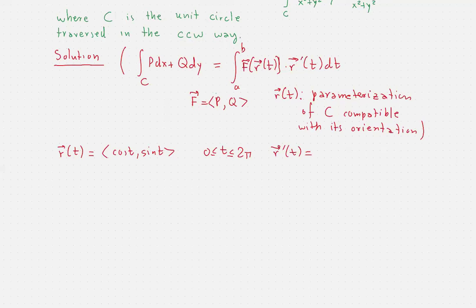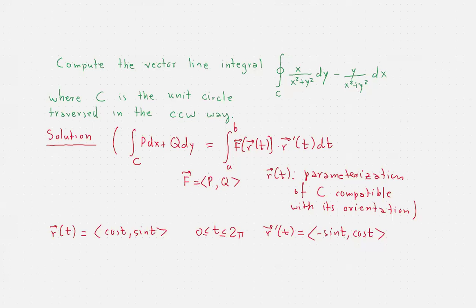Now, let's try to understand what the underlying vector field is. And we have to pay a little attention here because, look, the Leibniz notation for vector line integrals allows us the flexibility of actually putting dy first and dx second. And whatever is sitting in front of dx, that will be the first component.